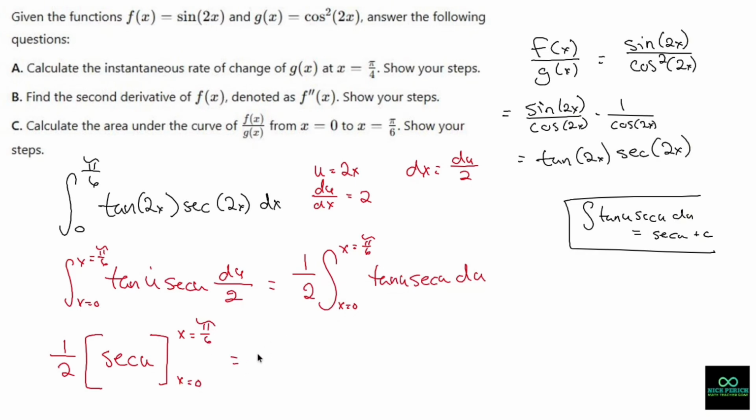Let's substitute what that actually is, and let's kill two birds with one stone. I could bring that 1 over 2 back out. Secant is 1 over cosine, and u I called 2x. So I'm going to write it out like that.